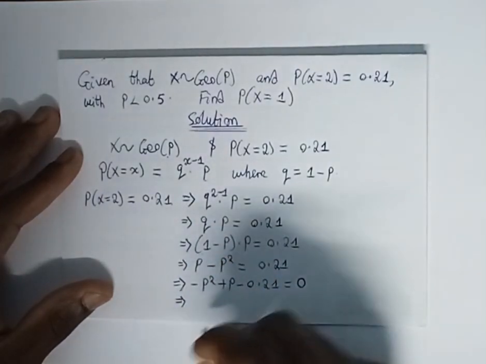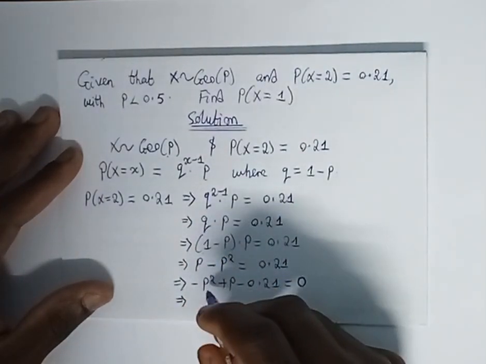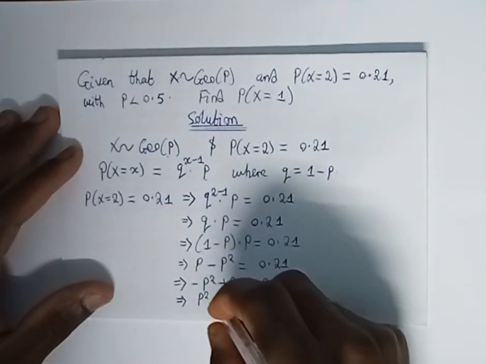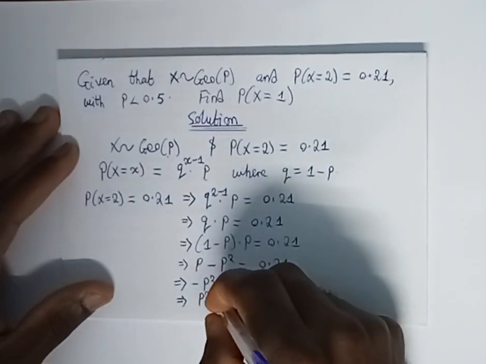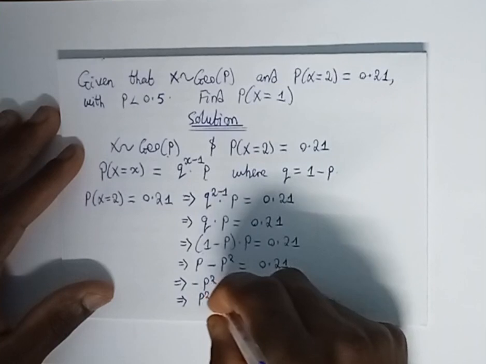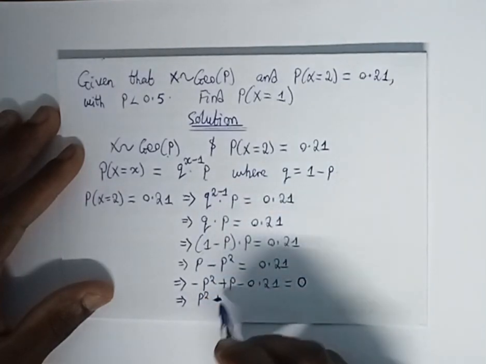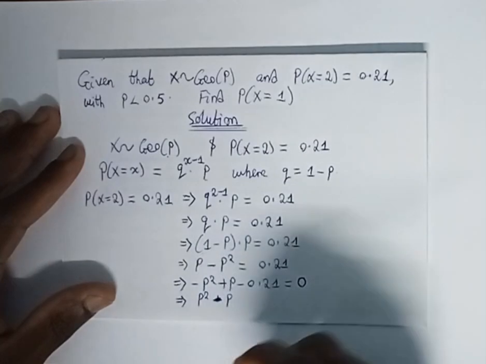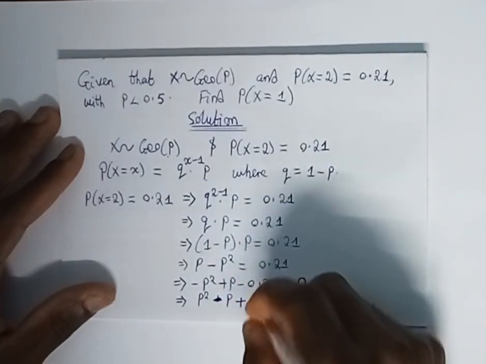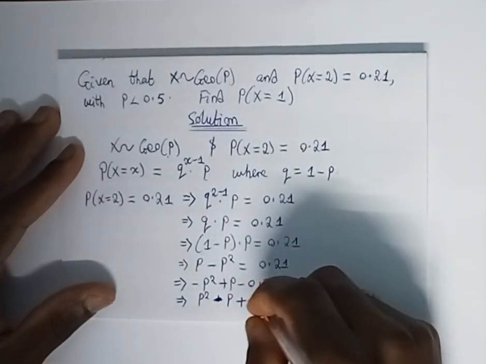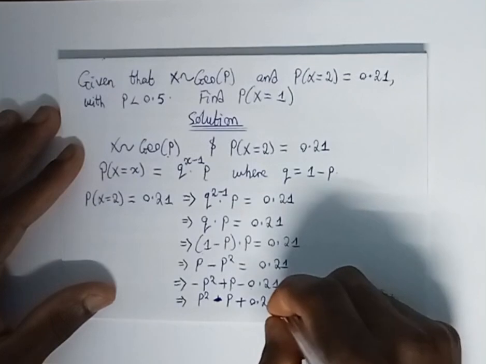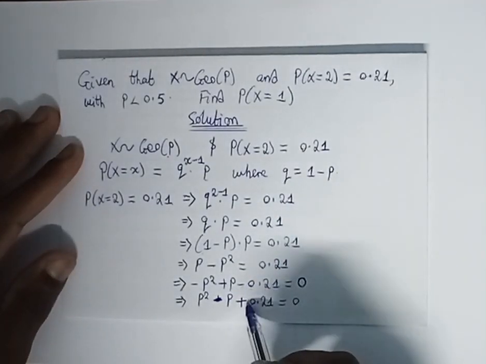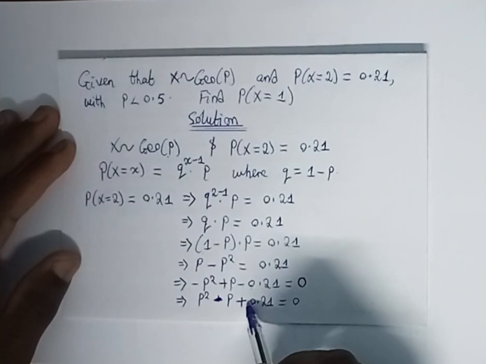Then, if we multiply through by negative 1 to make the coefficient of P squared 1, this will give us P squared minus P plus 0.21 is equal to 0, because negative 1 times P gives negative P, and negative 1 times negative 0.21 gives plus 0.21.